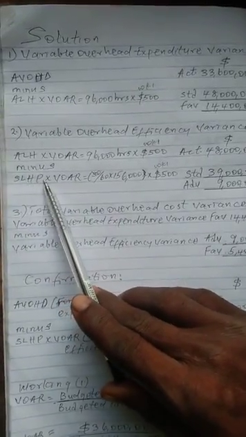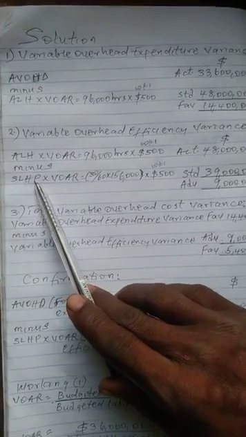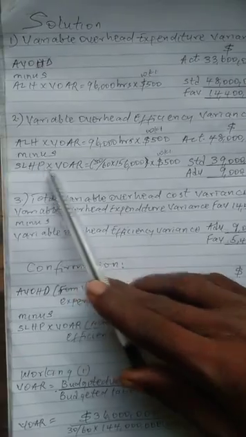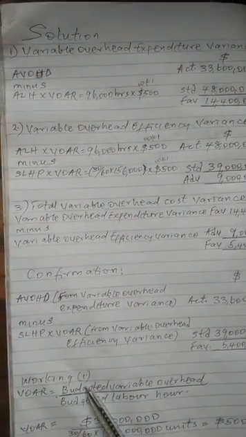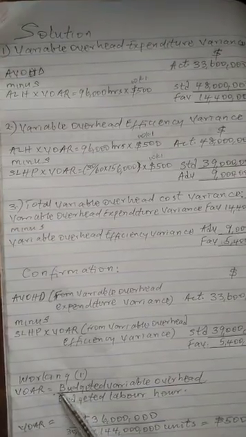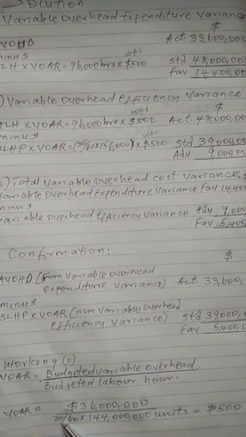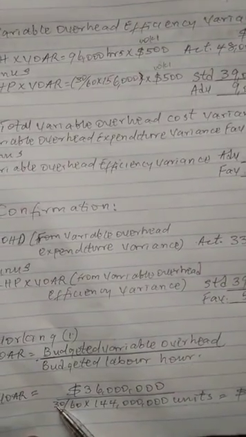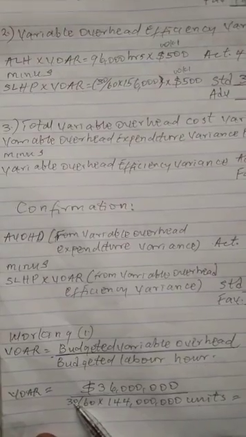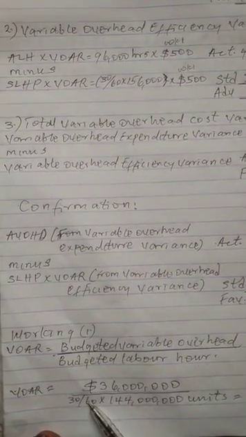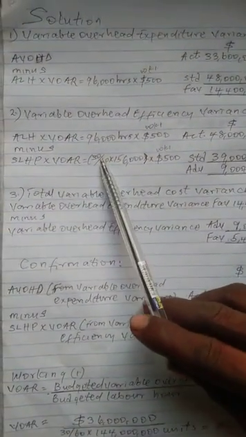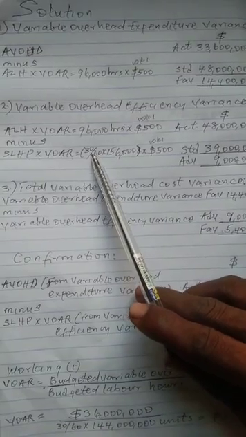So what is the standard labor hour? The standard labor hour as given in the calculation of the budgeted variable overhead absorption rate. Look at it. The standard labor hour is 30 minutes. So to convert it to an hour, that's 30 minutes divided by 60 minutes, giving us 0.5. And that is what you have here.